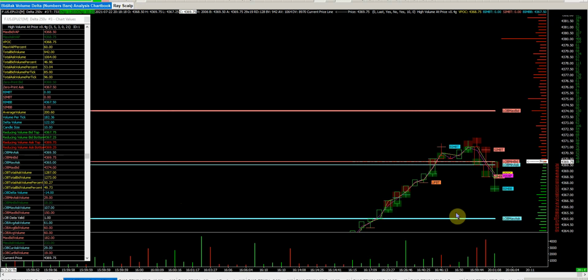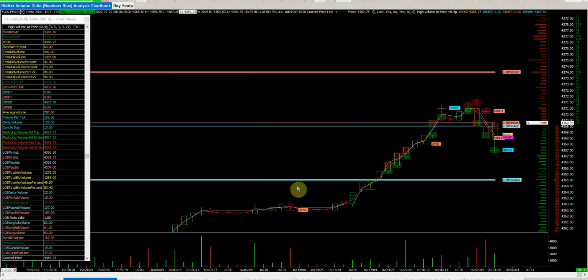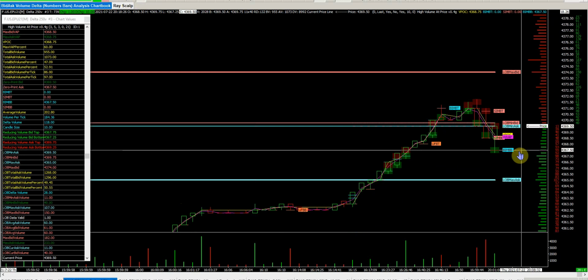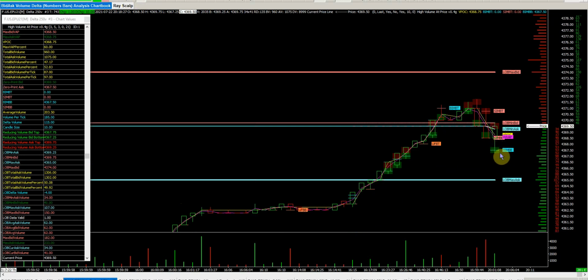See, on this 250 volume chart, I really like it. For example, here's that buying imbalance, and then you had that reducing volume right there to the downside. What happened? They came down here, rejected off there, and bought it back up, and that was a fairly clear signal, and that was worth a few ticks.